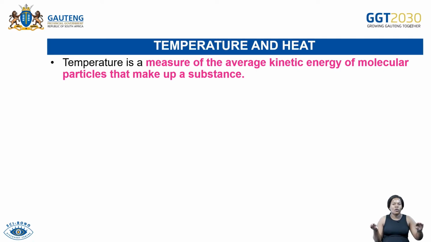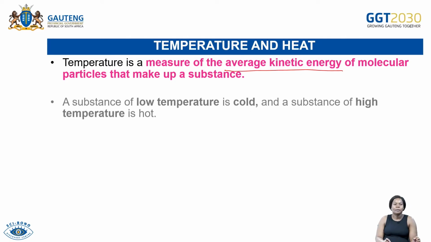On top of the stove, they're going to have a higher average kinetic energy because it's absorbing so much heat from the stove. So it's allowing the particles of that substance to move faster, as compared to when it is put into the refrigerator, where it's going to have a lower temperature, and that means that the average kinetic energy is going to be even less.